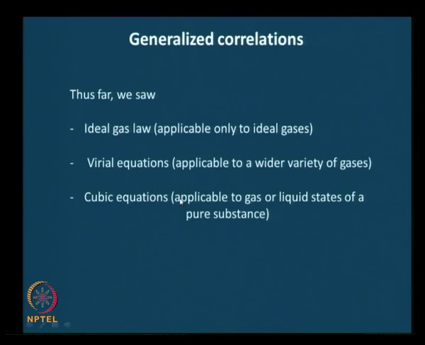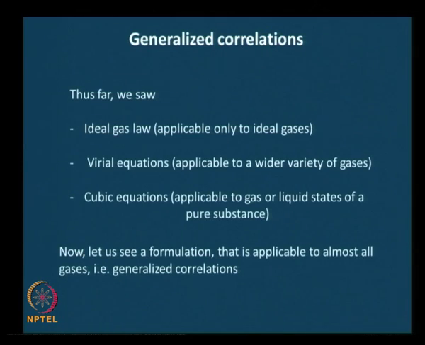These are applicable to a gas or a liquid state of a pure substance. Now we are going to see a formulation that is applicable to almost all gases, barring a very few. These generalized correlations are applicable to almost all gases, and that is our interest in such a formulation.